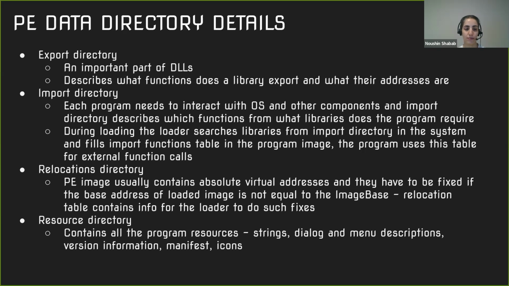Also, another important data directory is the resource directory, which contains all the program resources like strings, dialogs, menu descriptions, version information, manifest, icons, and so on. In many cases with malware, you see another malware module inside the resource entry.